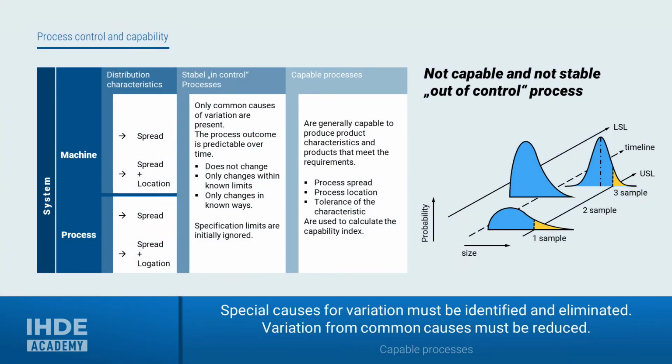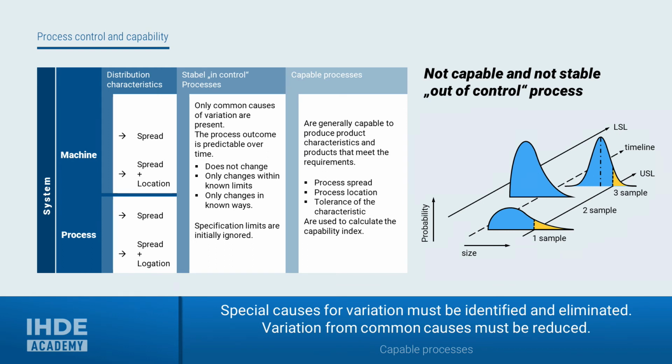Now it's getting wild. Depicted here is a process that is neither in control nor capable. In such a case, it must be examined which influences lead to this behavior and appropriate actions must be implemented. By this I mean that special causes for the variation must be identified and eliminated, and the variation from common causes must be reduced.